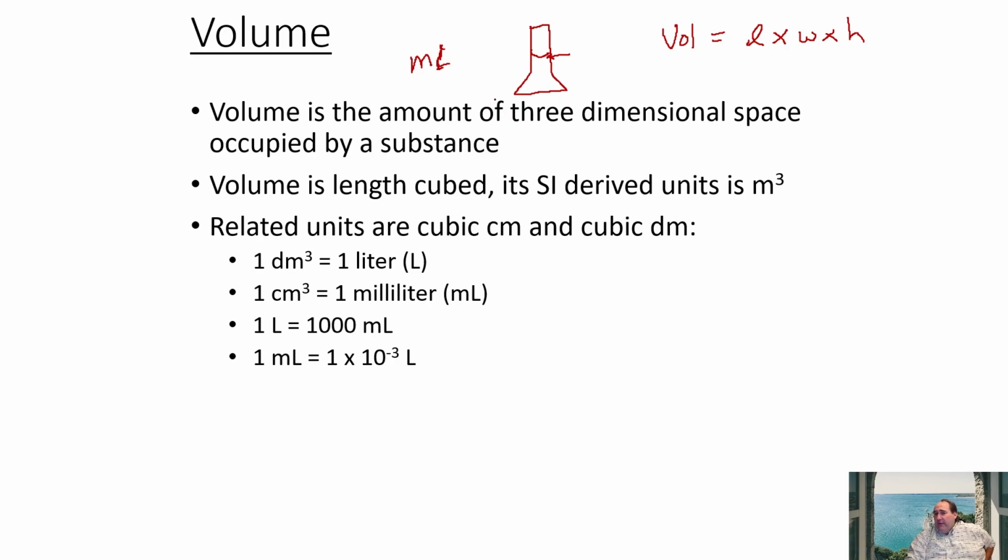And if we measure each of these in very common units of, say, centimeters, this is measured in centimeters, and this is measured in centimeters. When we take centimeters times centimeters times centimeters, that is equal to a cubic centimeter. This measurement here, which is a cubic centimeter, is an actual volume.